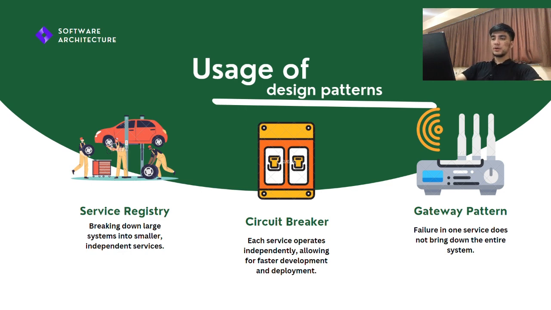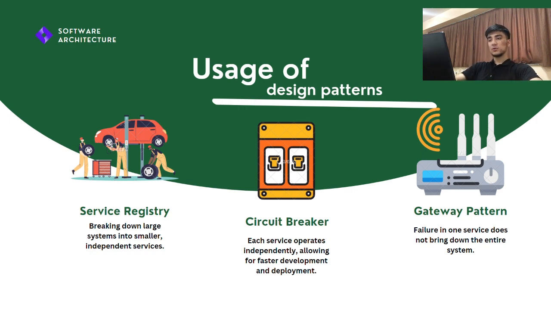Next, we'll talk about the implementation and the usage of the circuit breaker pattern. So the circuit breaker pattern acts as a guardian for microservices, preventing system-wide failures when one service encounters any problem. It's like a safety net that automatically kicks in when something goes wrong. This pattern is implemented by adding a layer of logic around the service calls.